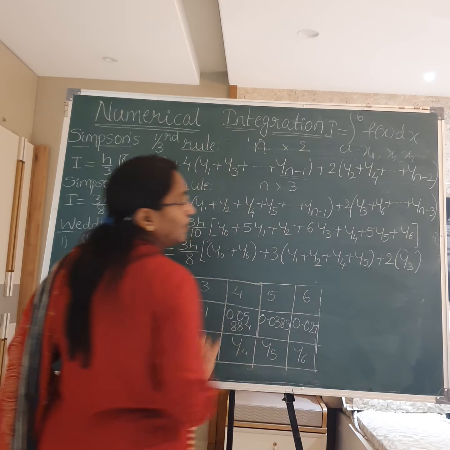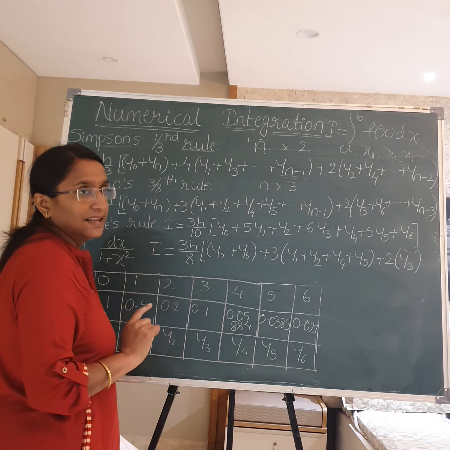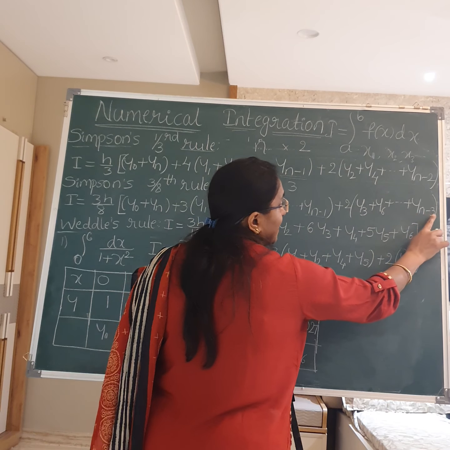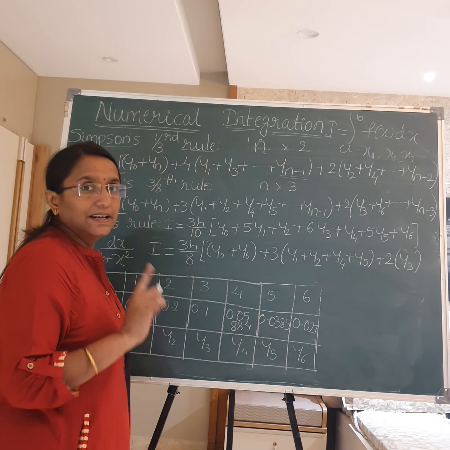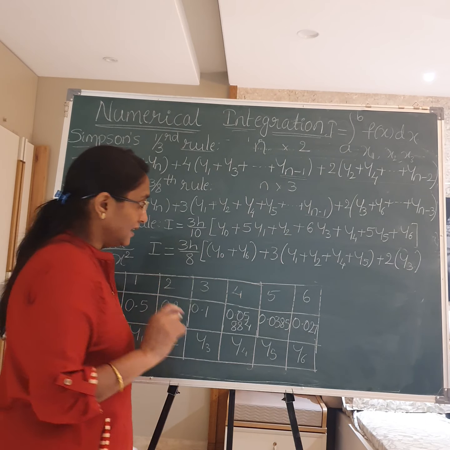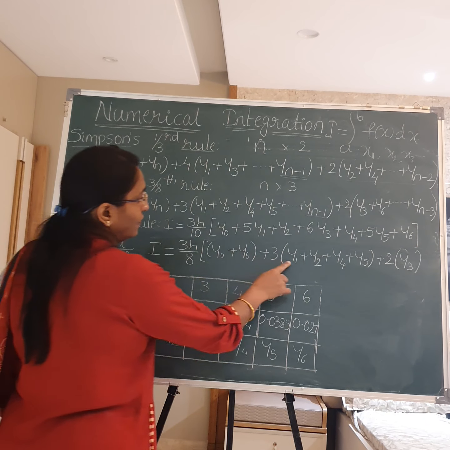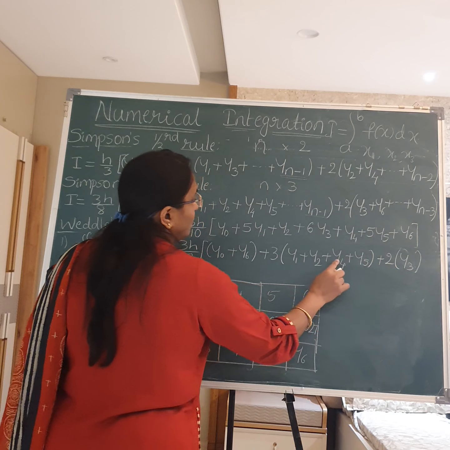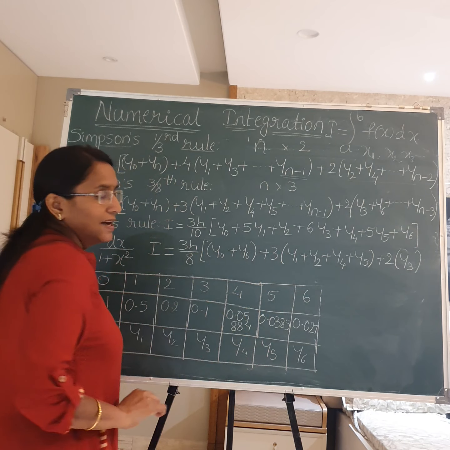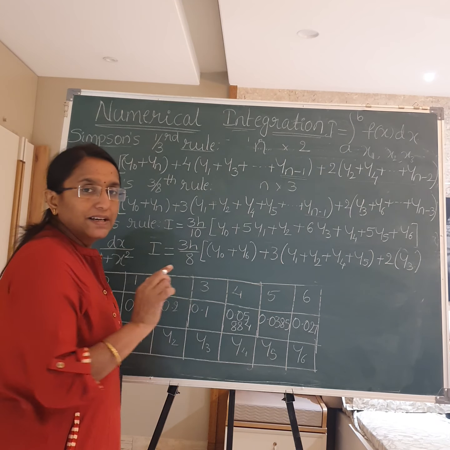Only here you have to stop; don't write Y6 there, because the last term is n minus 3, that is 6 minus 3, 3. We cannot take Y6 there. Now again check Y0, Y1, Y2, Y3, Y4, Y5, Y6. Then definitely your formula is correct.